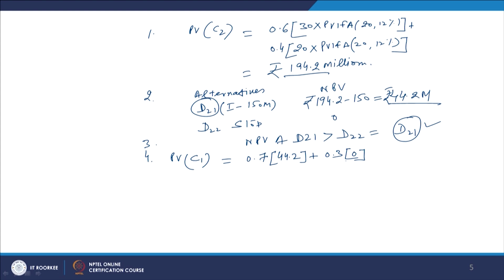If you calculate this, you find that the present value of the cash flow is something like rupees 30.9 million.